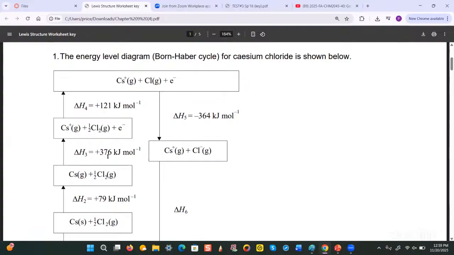And remember, delta H3 in this context is the ionization energy. And we talked about the trends in the periodic table with respect to the first ionization energy as we go across a period and down the group, right? So the question is, why is it that cesium has a lower first ionization energy compared to sodium? Yes, sir.